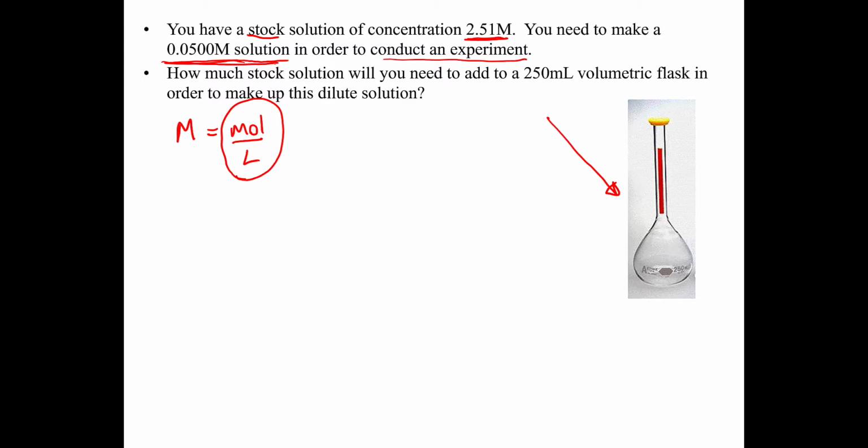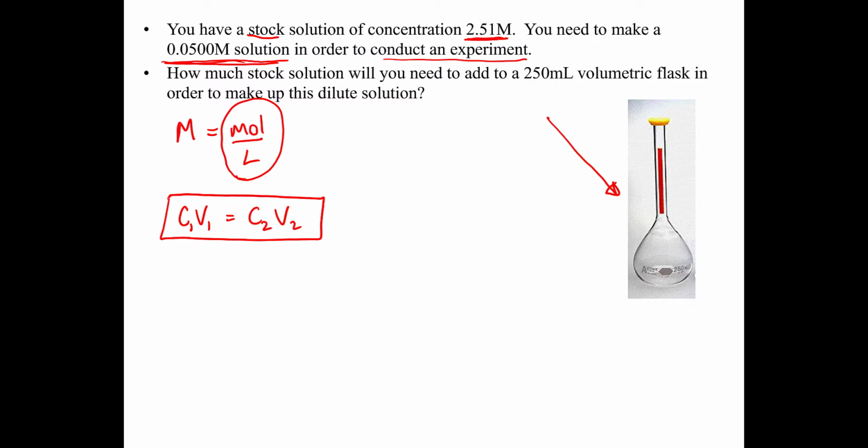So let's write out the equation that we care about. Let's actually try it now. C1V1 equals C2V2 here. And let me just show you how straightforward these calculations are. If we always remember C1V1 equals C2V2, we're going to save a ton of time in this lab.